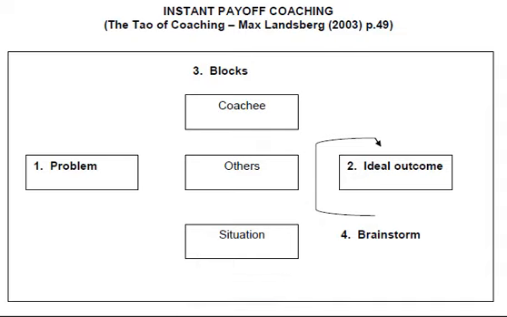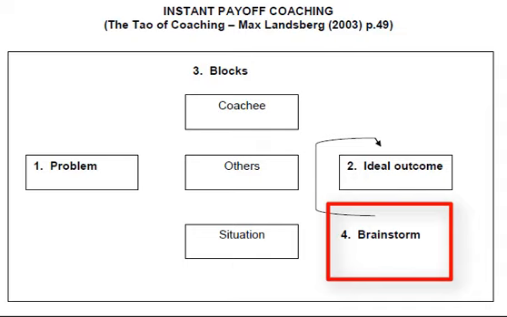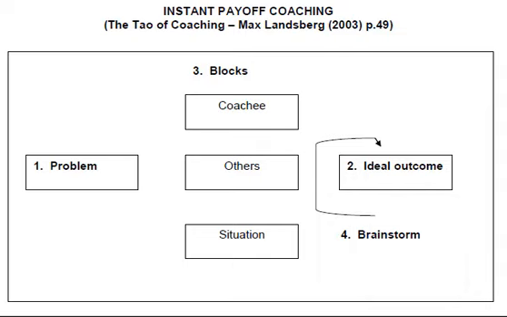When each of these aspects have been thoroughly explored, the coach turns their attention to considering the brainstorm of solutions to the problem. And this is the blue sky thinking element. All of the possible ways of solving the problem and achieving the ideal outcome are listed.